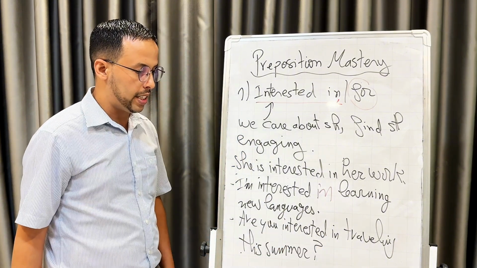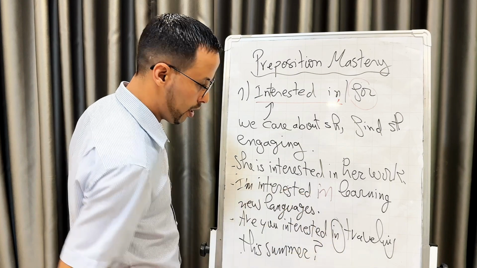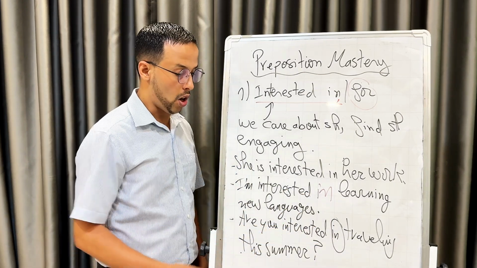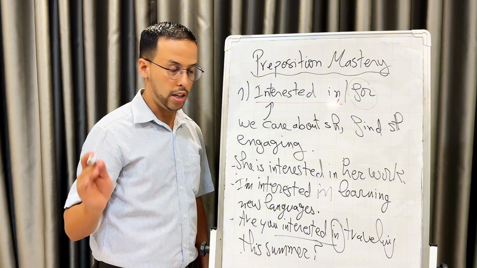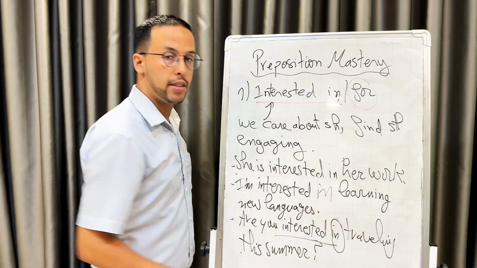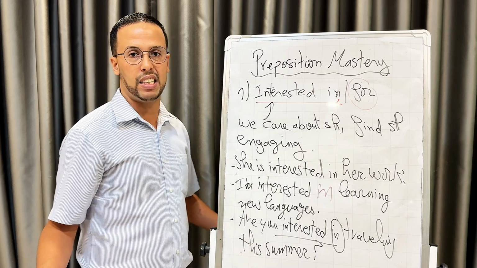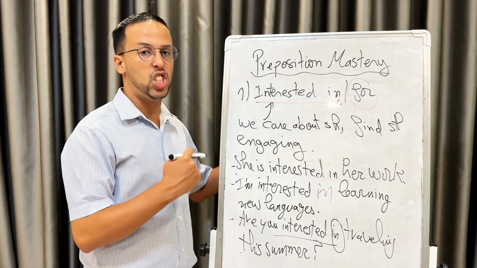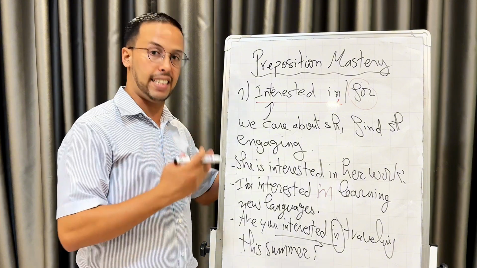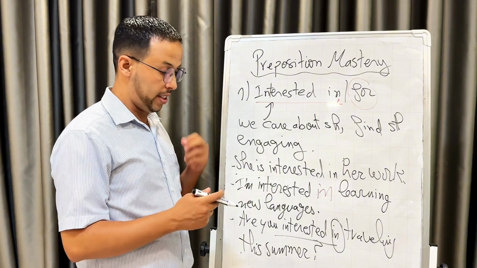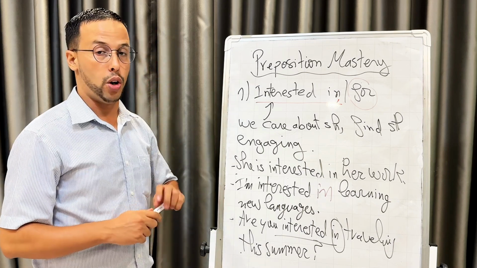Are you interested in? As you can see here, I used in. Always interested in. Never for. You are interested in this activity. You feel excited, okay? This activity is exciting, engaging, and you feel excited, engaged with this activity, doing this activity, right? So far, so good?